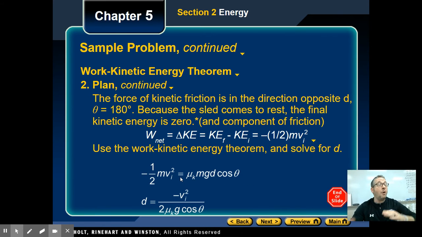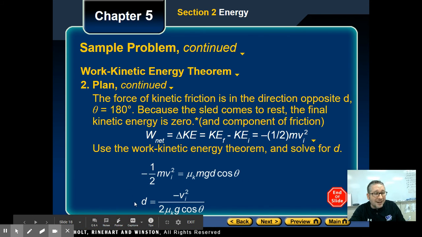So the whole premise of this problem is to determine the displacement of the sled, the distance that it traveled. And so we have to rearrange this to solve for d. And so once we do that, we can then go ahead and solve. But one thing I want to point out for you is this.